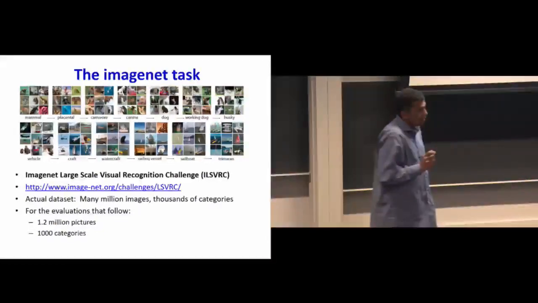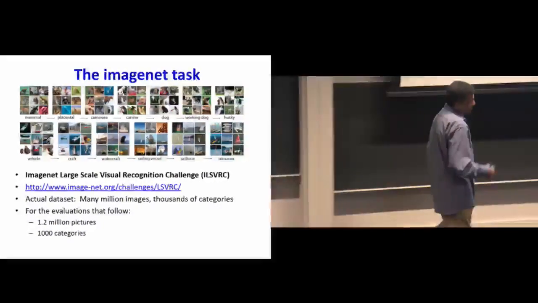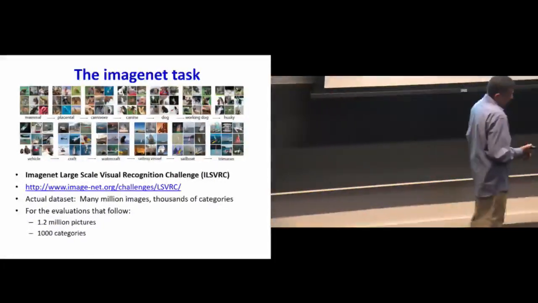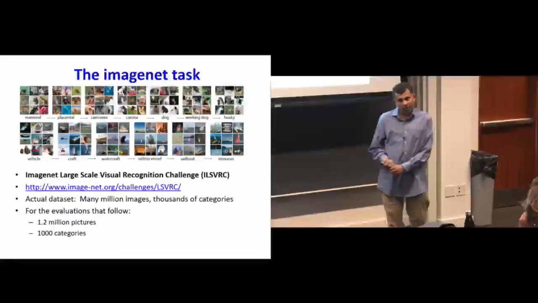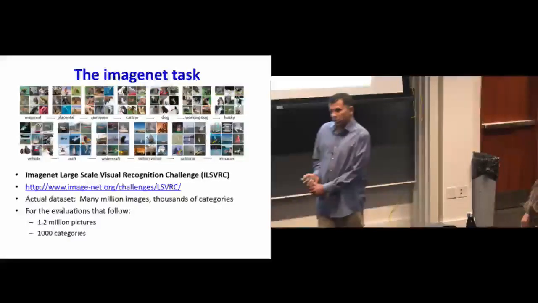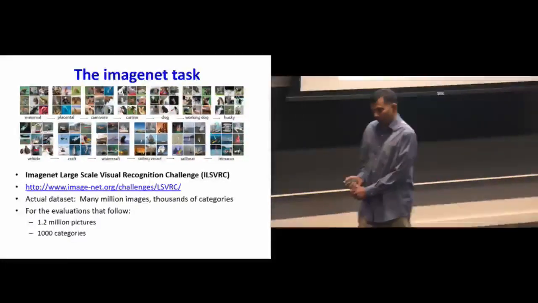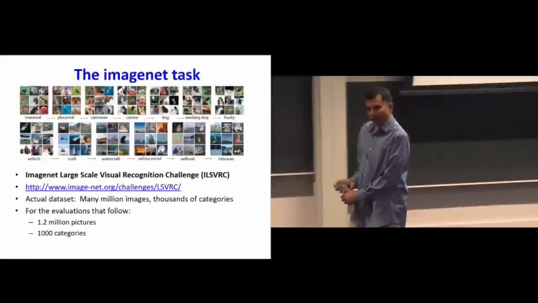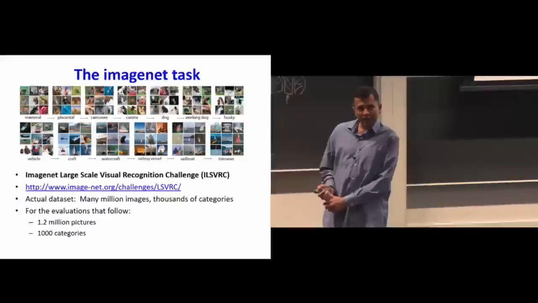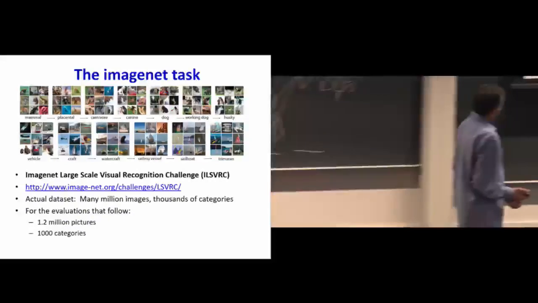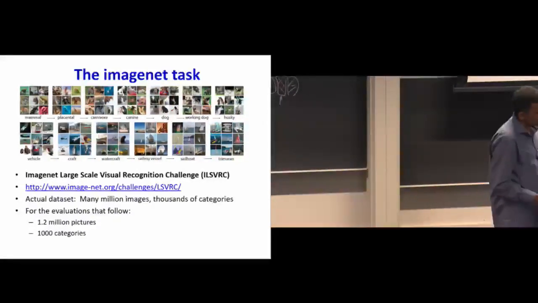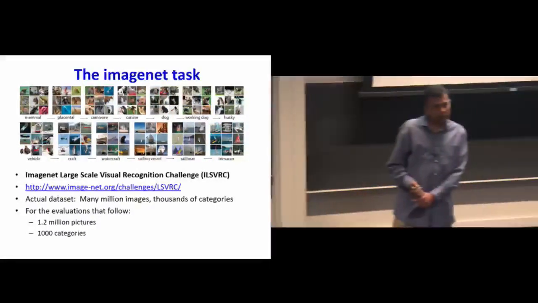But now, here's something much more interesting. People had been working on convnets. They were very familiar with convnets for the better part of 20 years. And they didn't really become very popular till they began trying this on ImageNet. Now, ImageNet is this task that was defined by Fei-Fei Li about 10 years ago, which includes millions of images and thousands of categories that have been downloaded from the web.